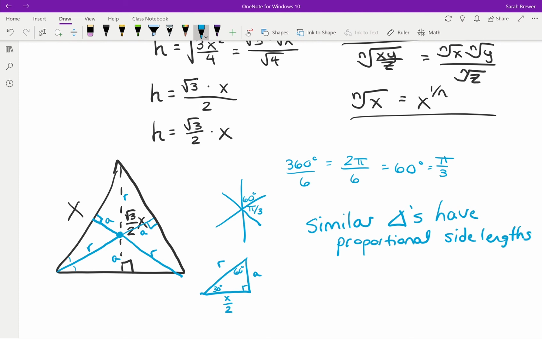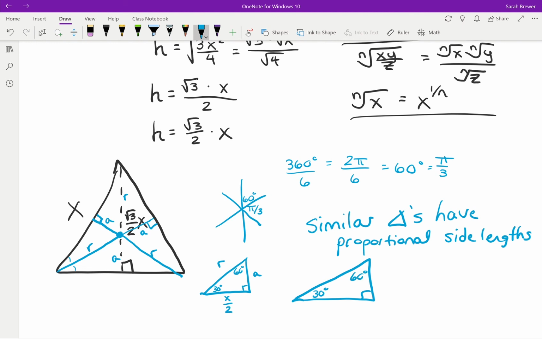And typically the way I teach my students to memorize the 30, 60, 90 triangle. Actually, let me draw it a little bit more accurately. So typically, I just have them measure or memorize a special case.